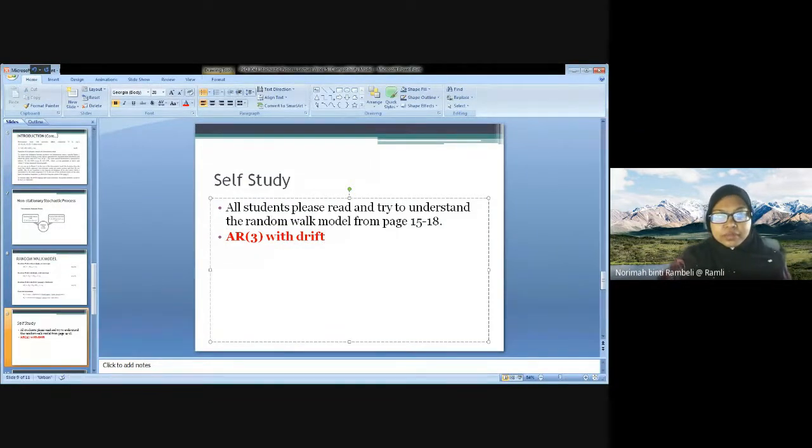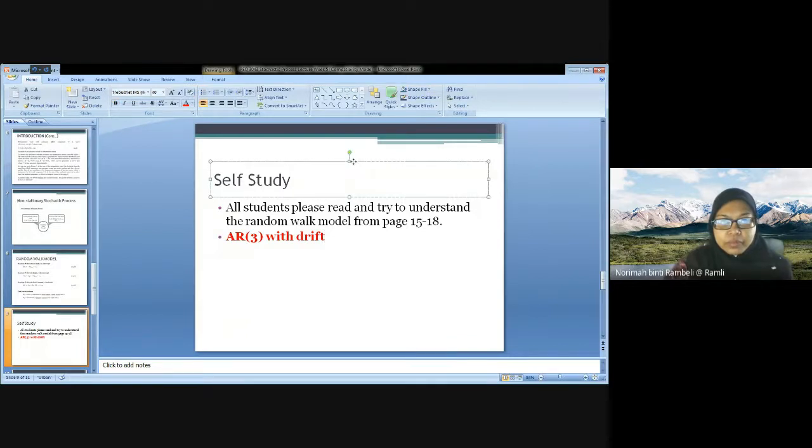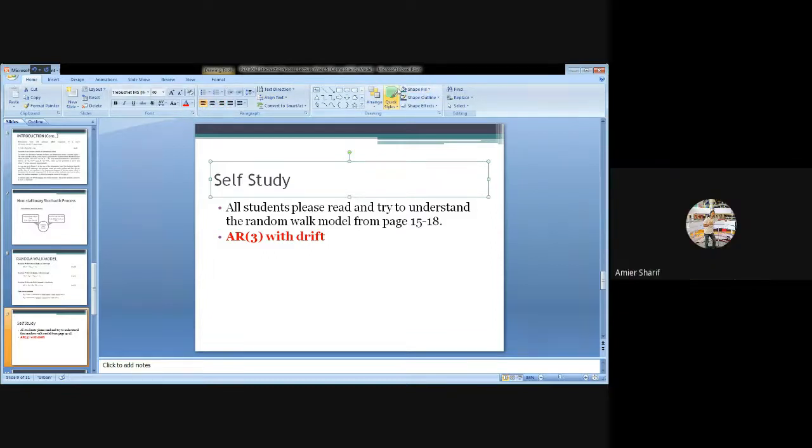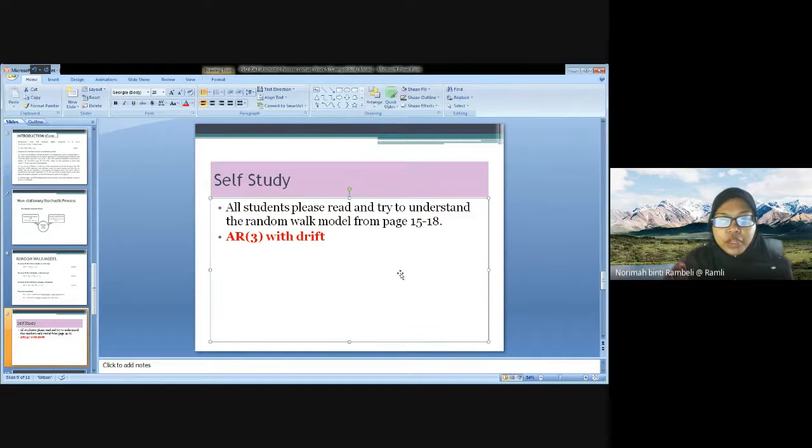Afika? Ruba? Try AR3 with drift. Try to write the equation. Just refer to the book and share the answer with us.